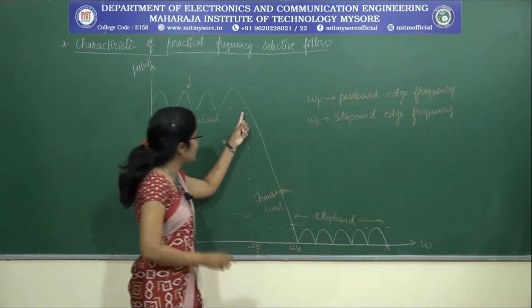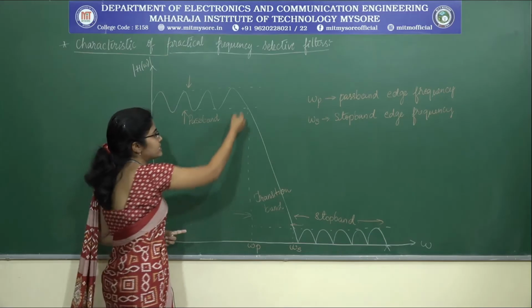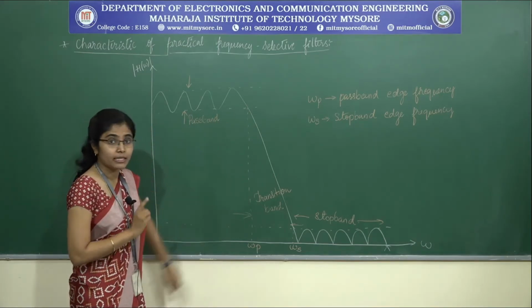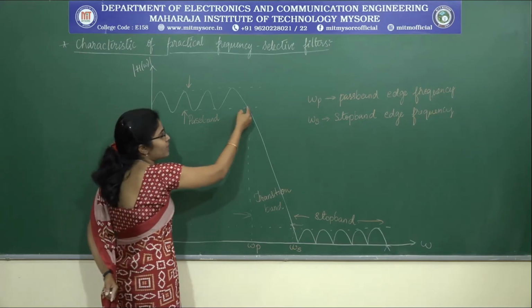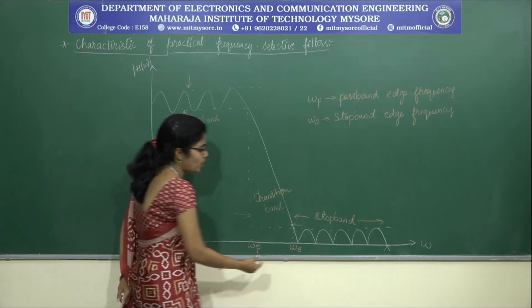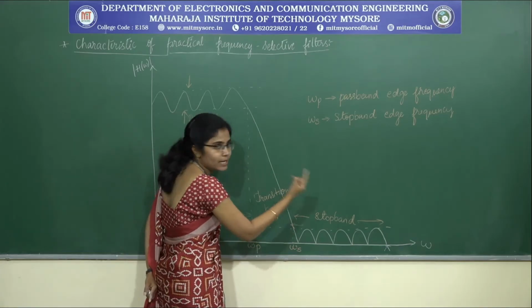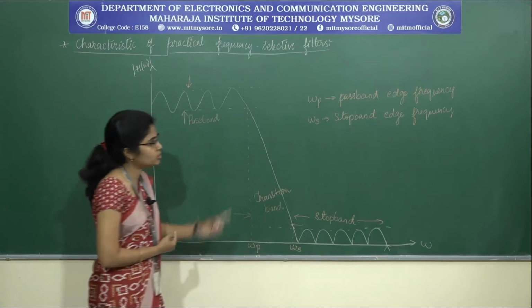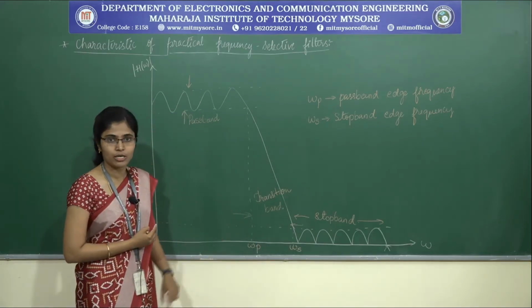Omega p tells the edge of the pass band, that is, where the pass band ends, whereas omega s, the stop band edge frequency, tells where the stop band starts. So these are two things which we keep into consideration.